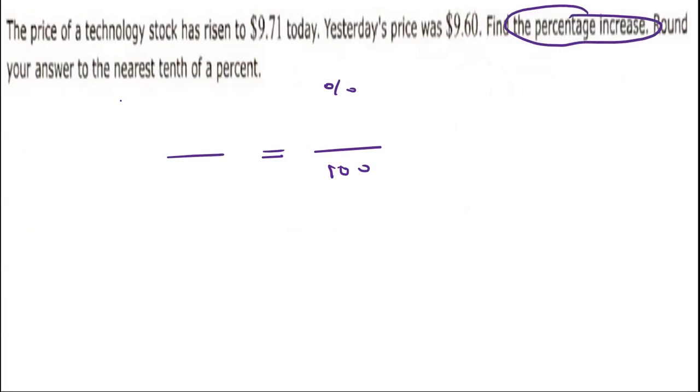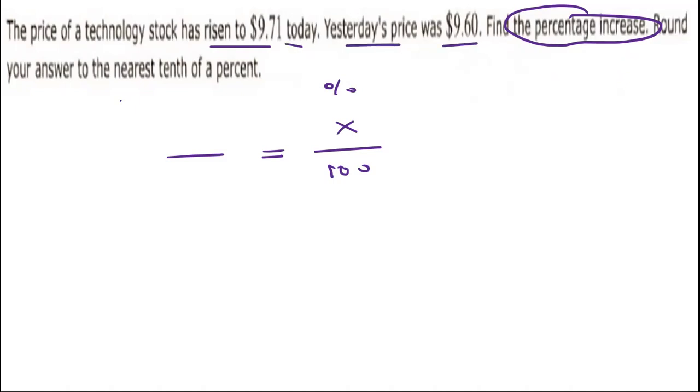Normally we would put something in here, but now that's what we're looking for. We're looking for the percent, so we'll put x there. Then we need to read carefully what we put in these sections. It says the price of the technology stock has risen to $9.71, because yesterday's price was $9.60.